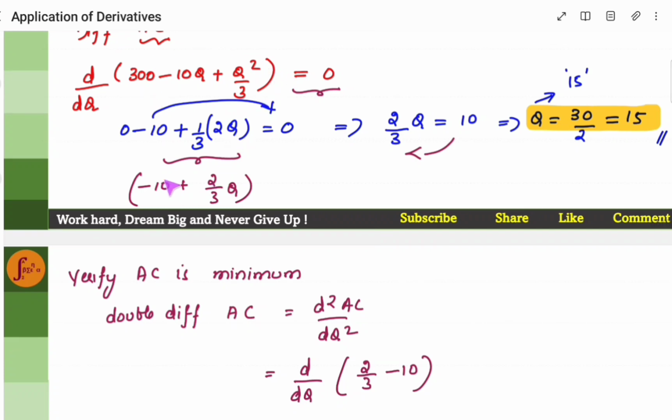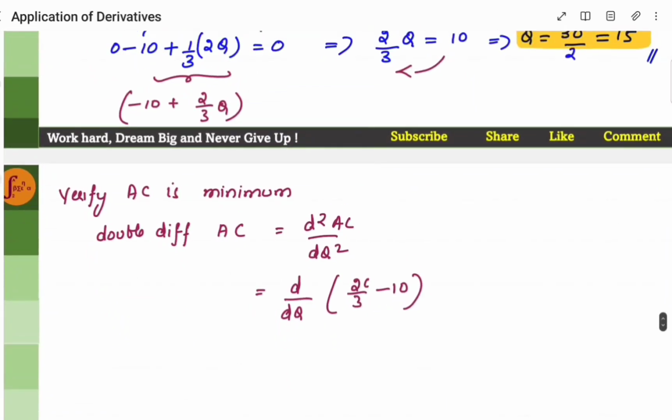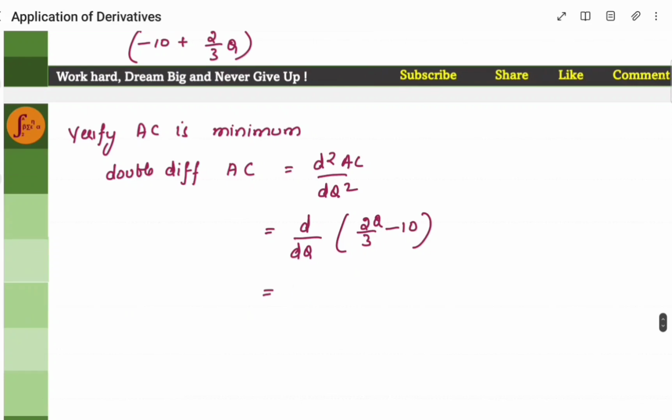The derivative is minus 10 plus 2 by 3 of q. Now I'll differentiate this. The derivative of 2q is 2, so 2 by 3. The derivative of 10 is 0. So I'll have 2 by 3. 2 by 3 is greater than 0, right? 2 by 3 is 0.666, which is greater than 0. Hence, we have verified that average cost is minimum.